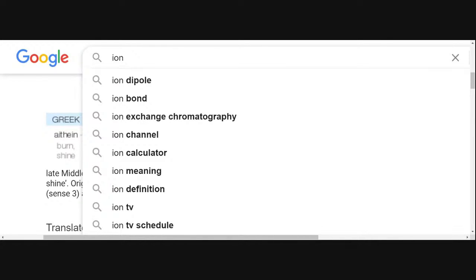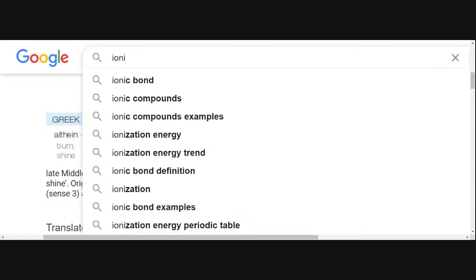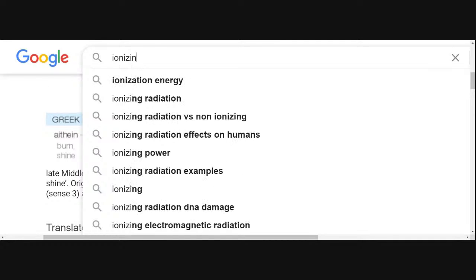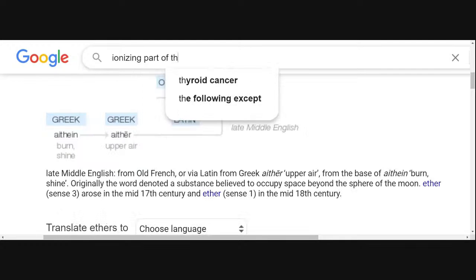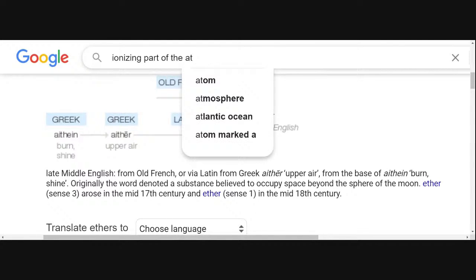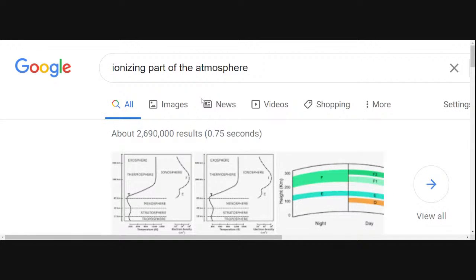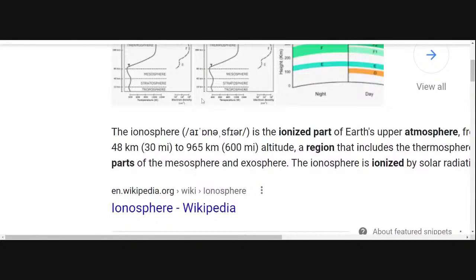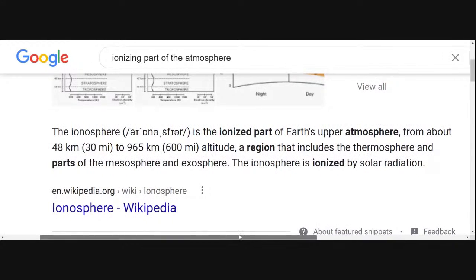Okay, ionizing part of the atmosphere. Which part is that? Okay, and that's the ionosphere. That's the part that we're in.